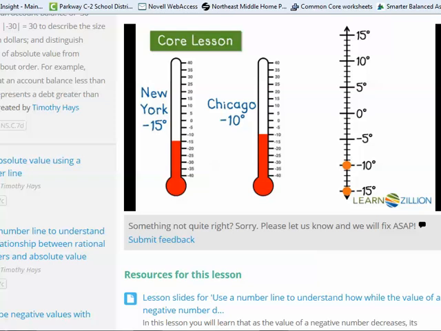We need to remember the context of the problem, though. As we move further from zero, the distance from zero is greater. This means that as the number gets smaller, the absolute value increases and gets bigger. The further down the number line we move, the colder the temperature gets.